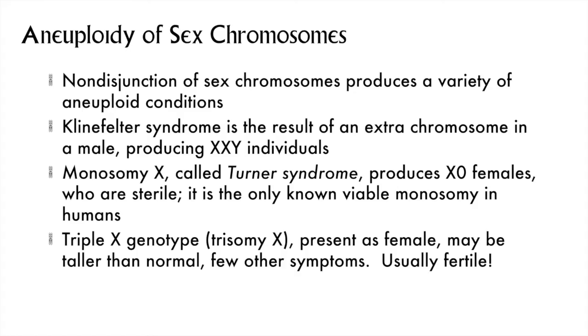Again, few symptoms present in trisomy X, and women with the condition are typically fertile. With all aneuploid conditions that I've described, they tend to occur in the smallest chromosomes, or the sex chromosomes. This is because, in essence, it is the least amount of damage that non-disjunction can do and still lead to a live human birth.